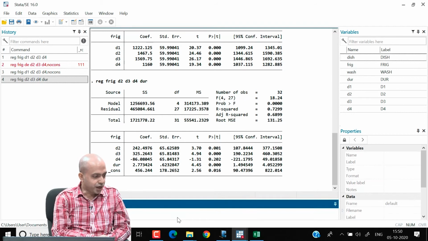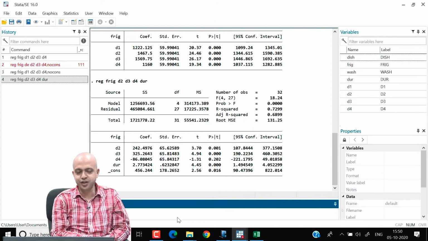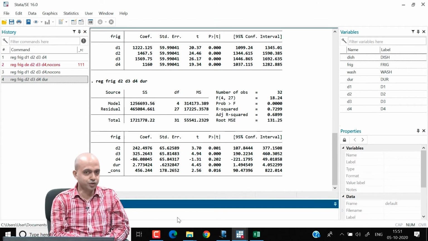In this ANCOVA model, it shows that sales in the fourth quarter is not significantly different from the first quarter. That would be your interpretation, because the corresponding p-value is 0.202. If you multiply that by 100, it would become 20, so you are committing 20% type 1 error while rejecting the null. So it is not significant.